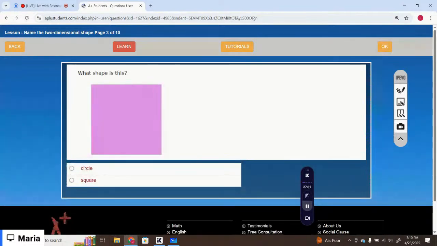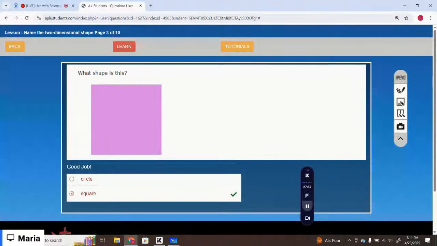What shape is this? Yes, again, that is a square. Option 2 is the correct option.